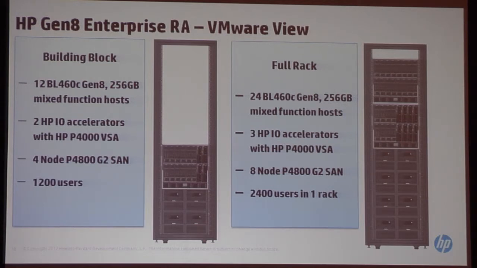In the first two blades, on the left here, we actually have I/O accelerator mezzanine cards in the blades themselves, 785 gig. And we put in front of that our virtual SAN appliance from our LeftHand legacy stuff. And we create a storage cluster under that VMware can see.